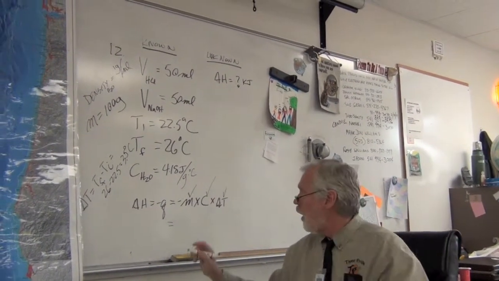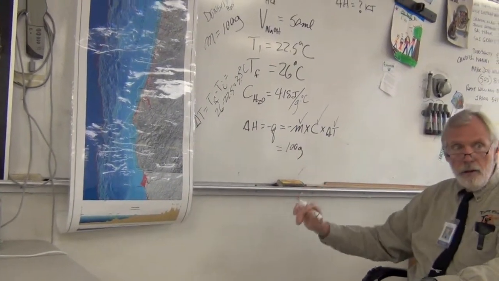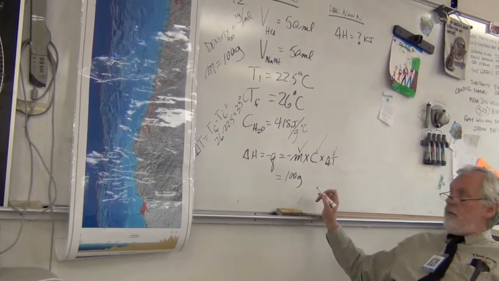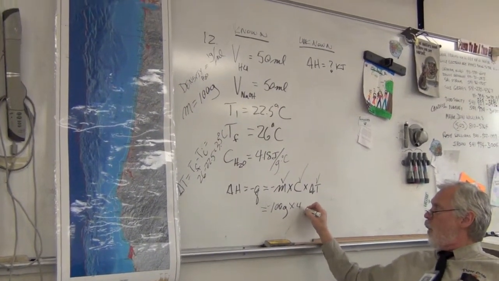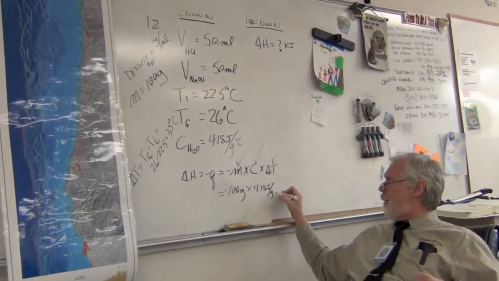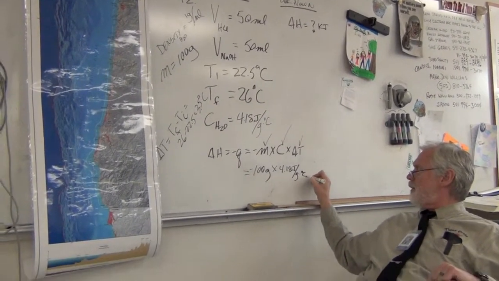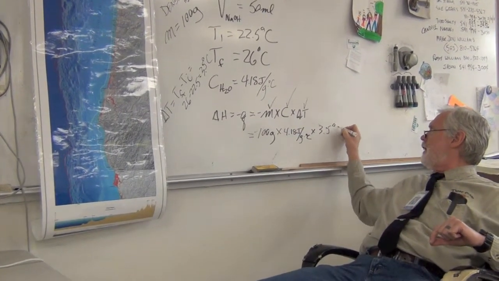So we got 100 grams. Minus 100 grams times 4.18 joules per gram degrees Celsius times 3.5 degrees Celsius.